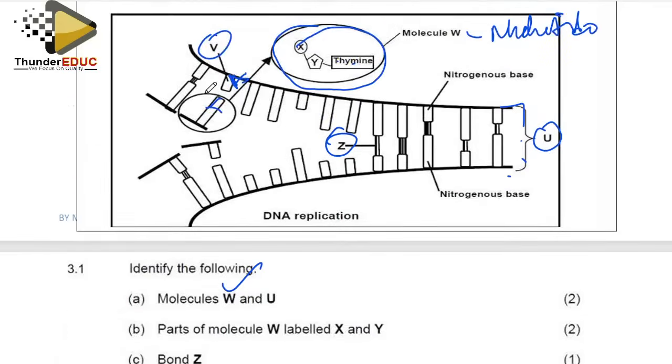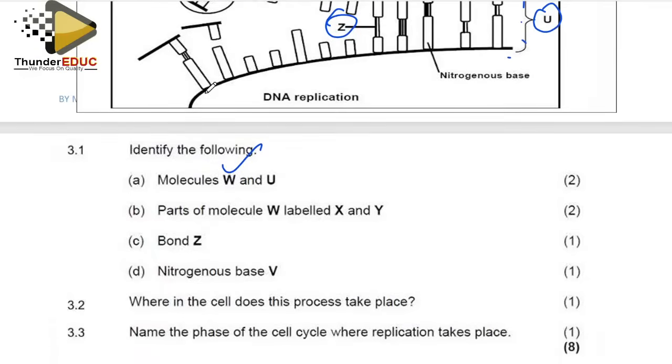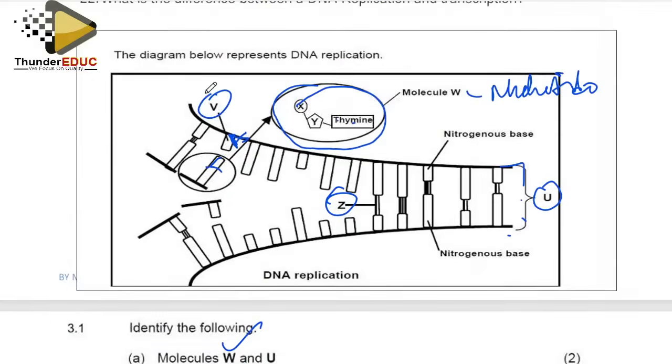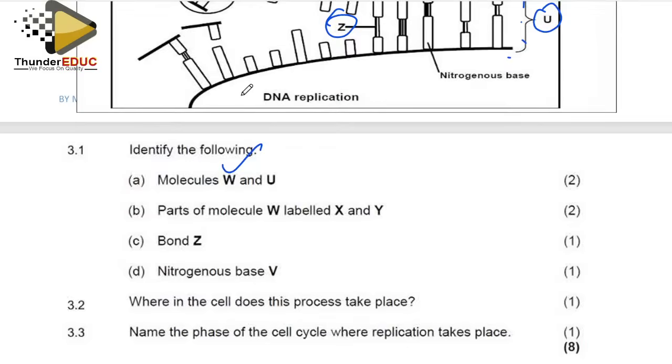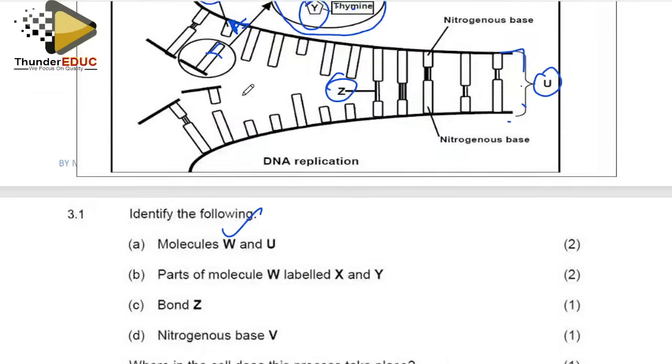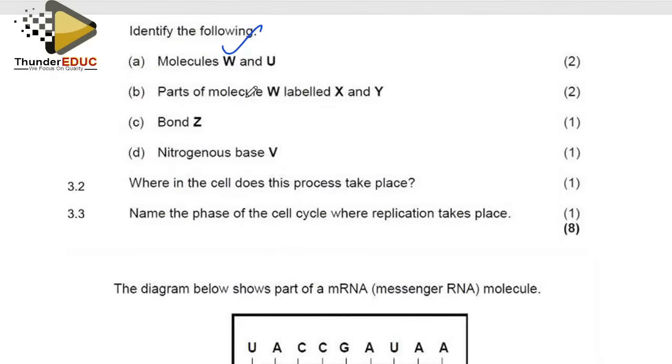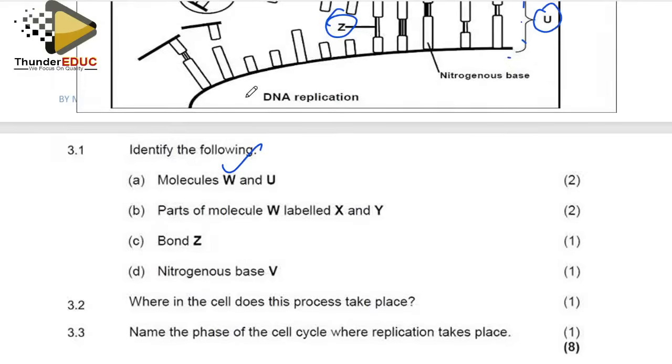U is the DNA molecule. Part W, which is labeled X and Y: X is the phosphate group, and Y is deoxyribose sugar. Bond Z is weak hydrogen bonds.